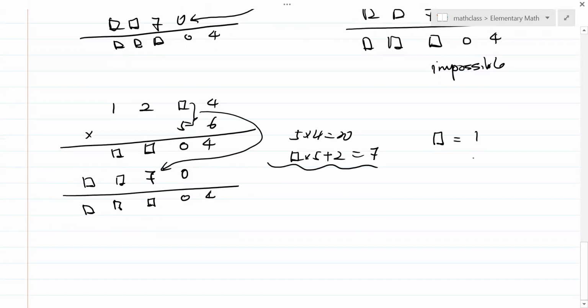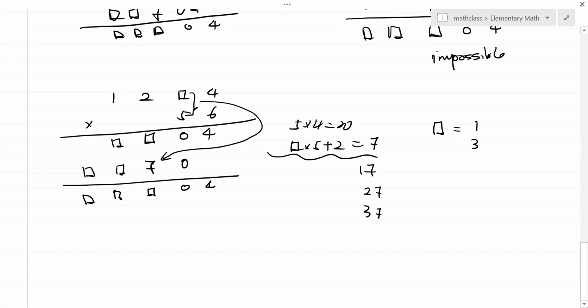A 1 or 3, right? Yeah, 1 or 3. Because 3 times 5 is 15, plus 2 is 17. See, this is 7 or 17 something, okay? So it could be 17. Can be 27, right? In order to get those numbers, and 37 or something.